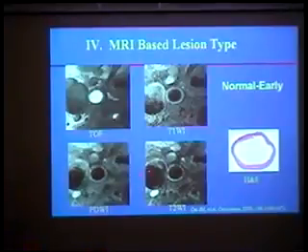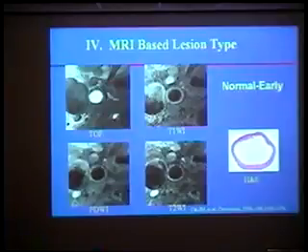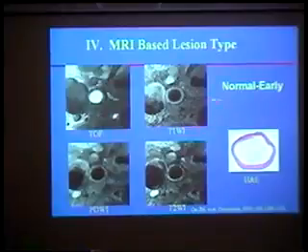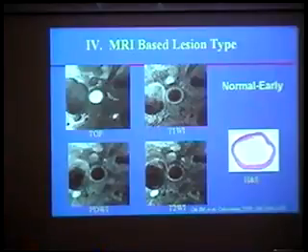And then the other thing, as I mentioned, is we try to use the so-called multi-contrast MR images to see whether we can determine different lesion types based on the AHA definition of lesions. And this is what we get. These are some sample images of normal or early lesions. Within the spatial resolution we can get with MR images, we really cannot tell the difference between an absolutely normal artery and a very early lesion.